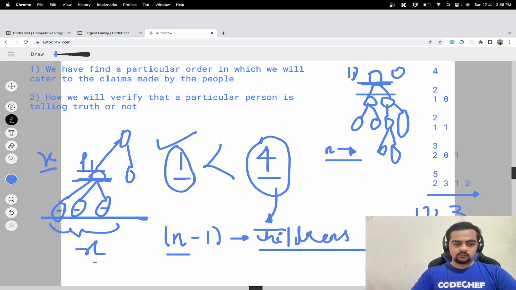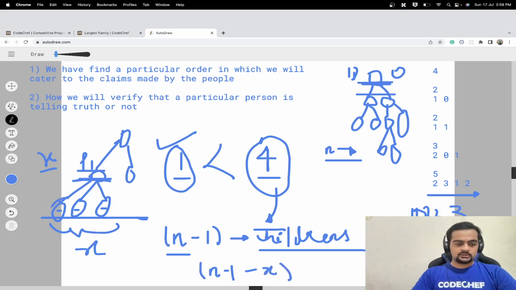So what if we consider the claim made by the person P1 as truth? Then our search space would become n minus 1 minus x. Why?